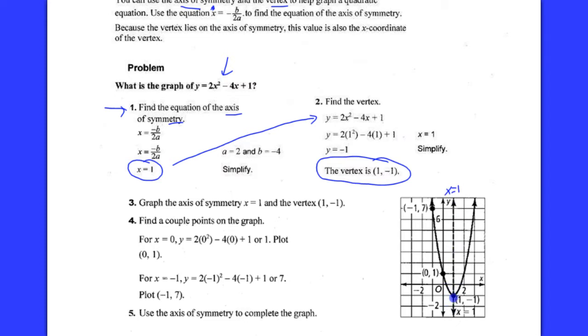Then you plot that first point, and since that's one space from there, I can go one space over and have another point right there. If that's 2 away, then I go 2 that way, and you have another point, voila. And you draw that parabola as best as you can. That's where it comes from.